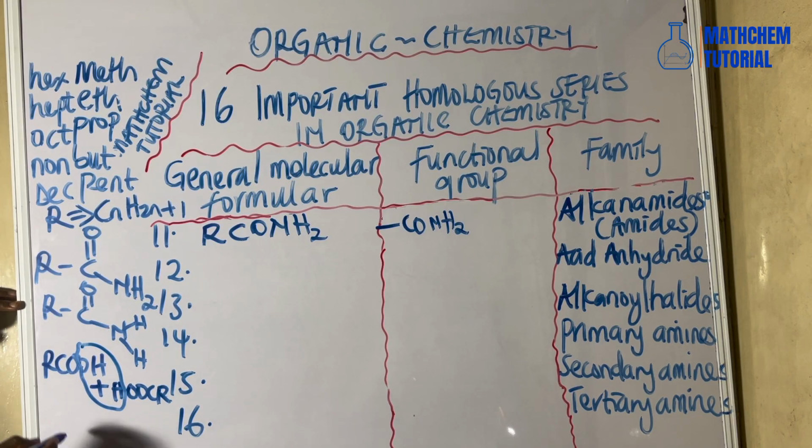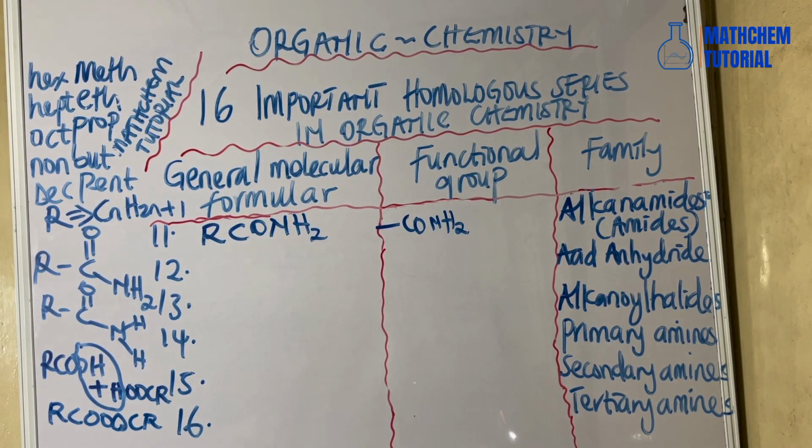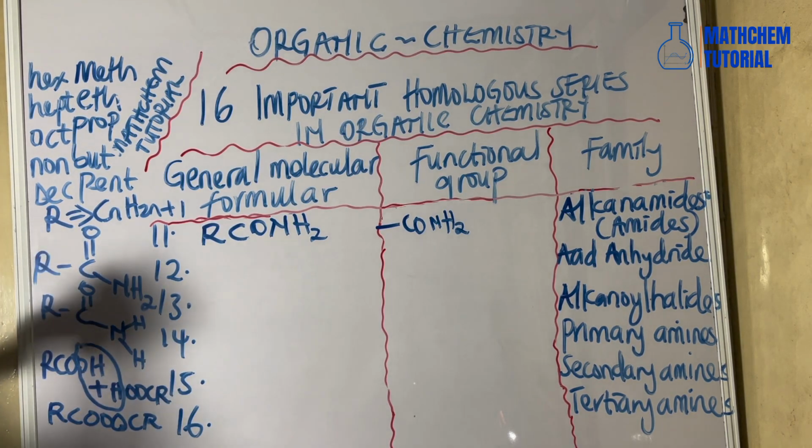So what am I left with? I'm left with RCOOCR. Correct. So this is the general molecular formula of acid anhydride. It's just as if you are removing water from 2-alkanoic acid, or you call it carboxylic acid, whereby your R is your alkyl, which is all these guys we have here, methyl, propyl, and so on.